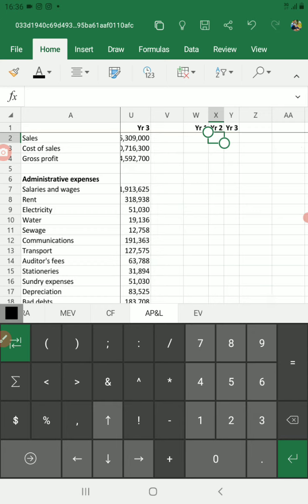And for the formula, there are 2 ways, as I said. The first way is to take the difference.